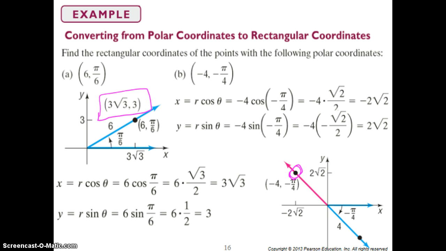Same thing with the y value. If we use negative 4 for our r and negative pi over 4 for our theta, the numbers will work out to give us a positive 2 root 2, which also makes sense for quadrant 2. So our rectangular coordinates for this point are negative 2 root 2, comma positive 2 root 2.